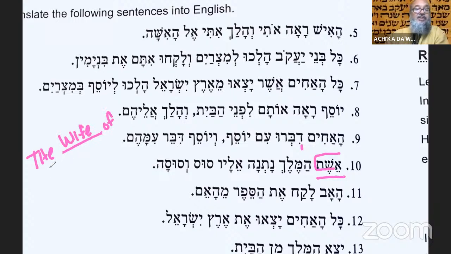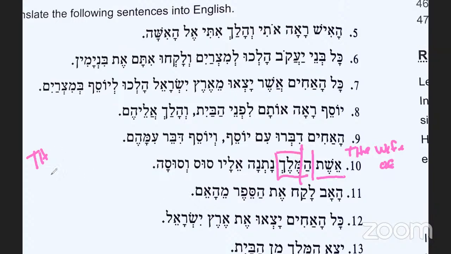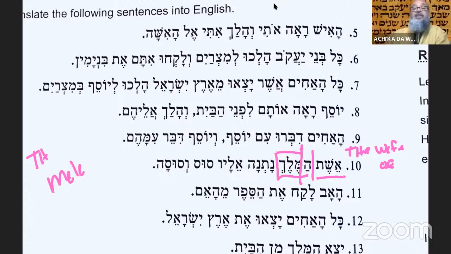So the semikuth is the blank of. So when you put that woman in there, she is the wife of who? Ha, what's ha? The, and what's Malek? King. So far we got the wife of the king.